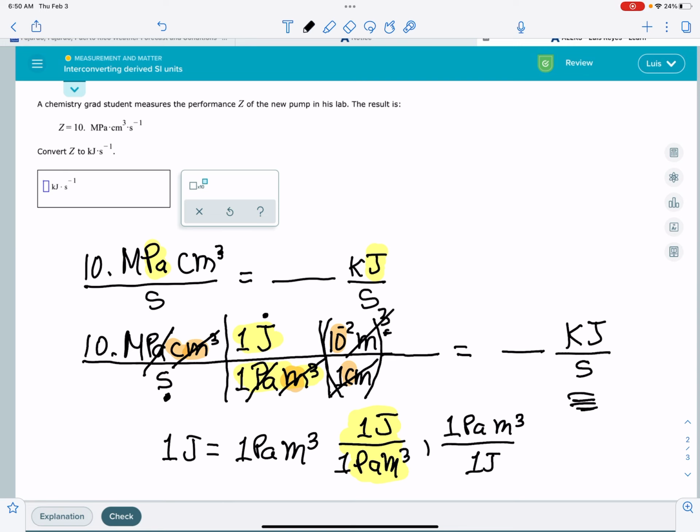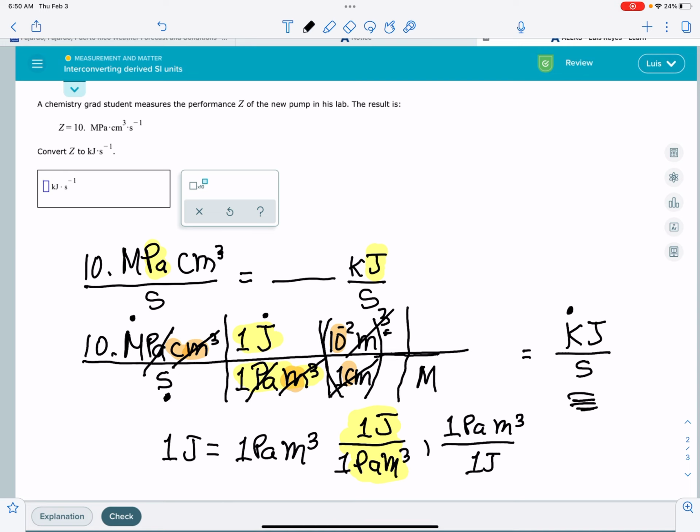But I also have a mega, but I don't want mega, I want kilo, right? So I'm gonna have to keep extending my train track, because I do not want mega, so I gotta get rid of the mega.